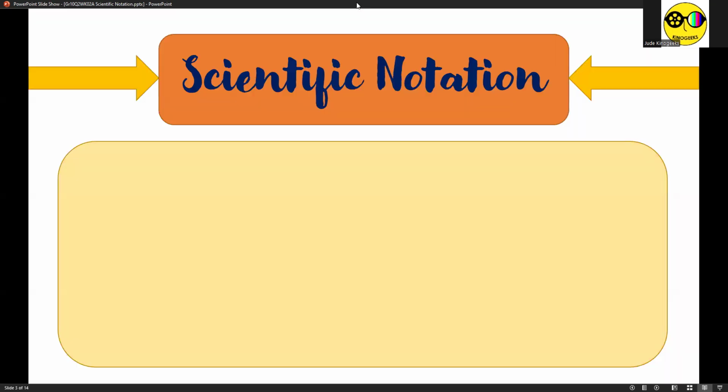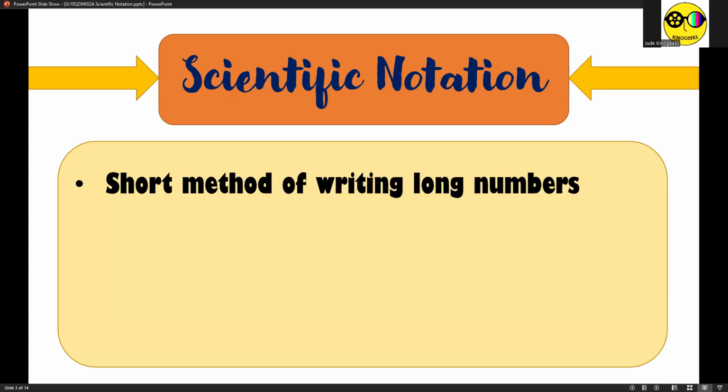Okay? So, let's begin. Ano nga ba ang ibig sabihin ng scientific notation and what is it for? Scientific notation is a shortcut method of writing long numbers.